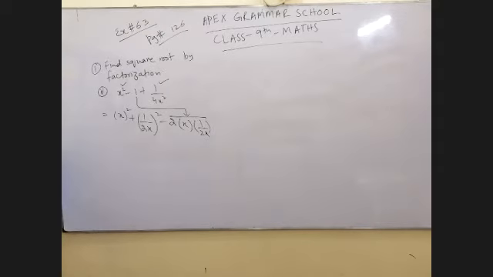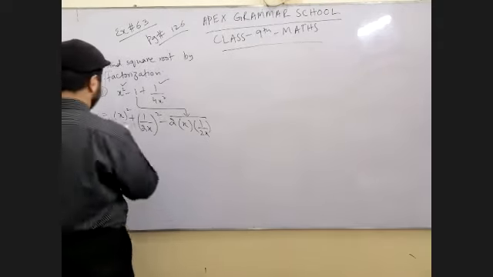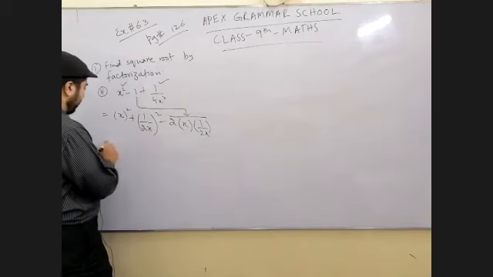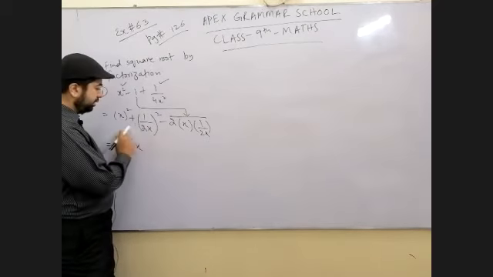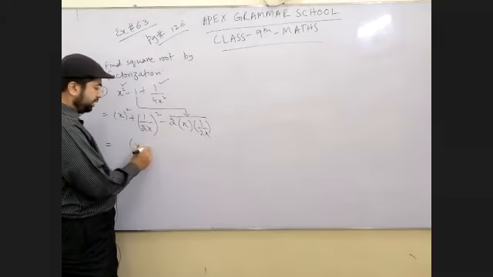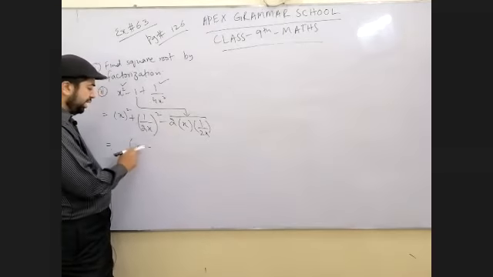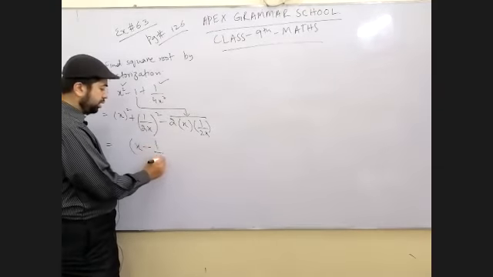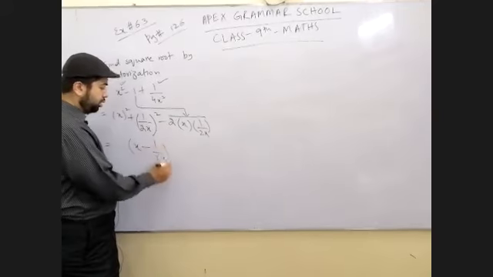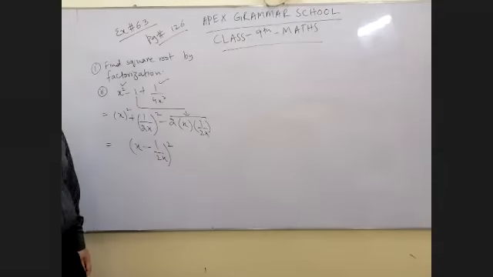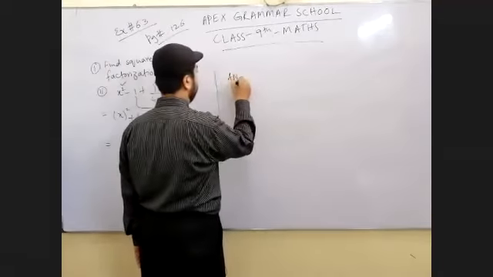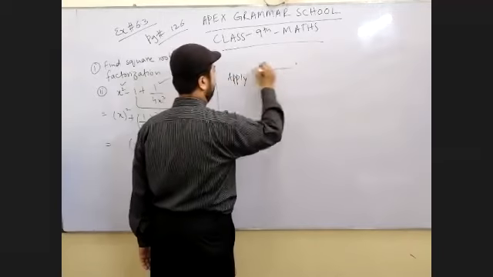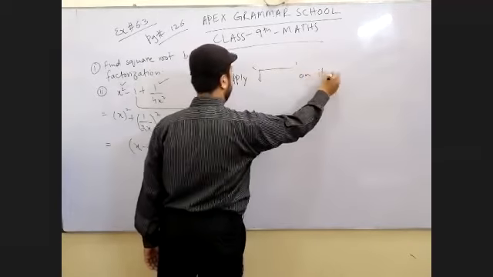So now a square plus b square minus 2ab, you can write it as x minus 1 over 2x whole square, meaning this is a minus b whole square. Now you need to find the square root of it. So apply square root on it.